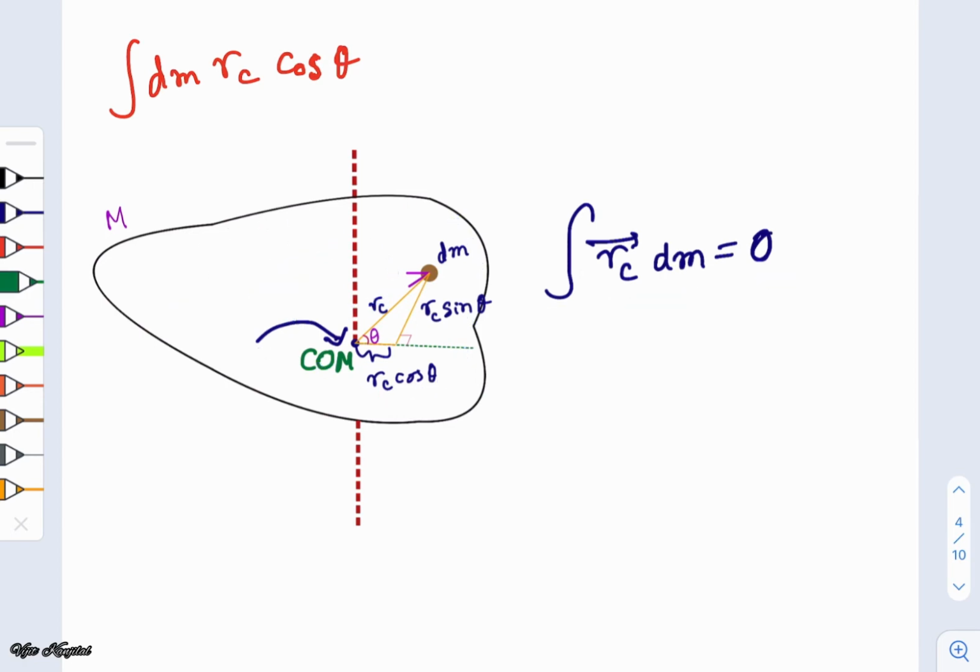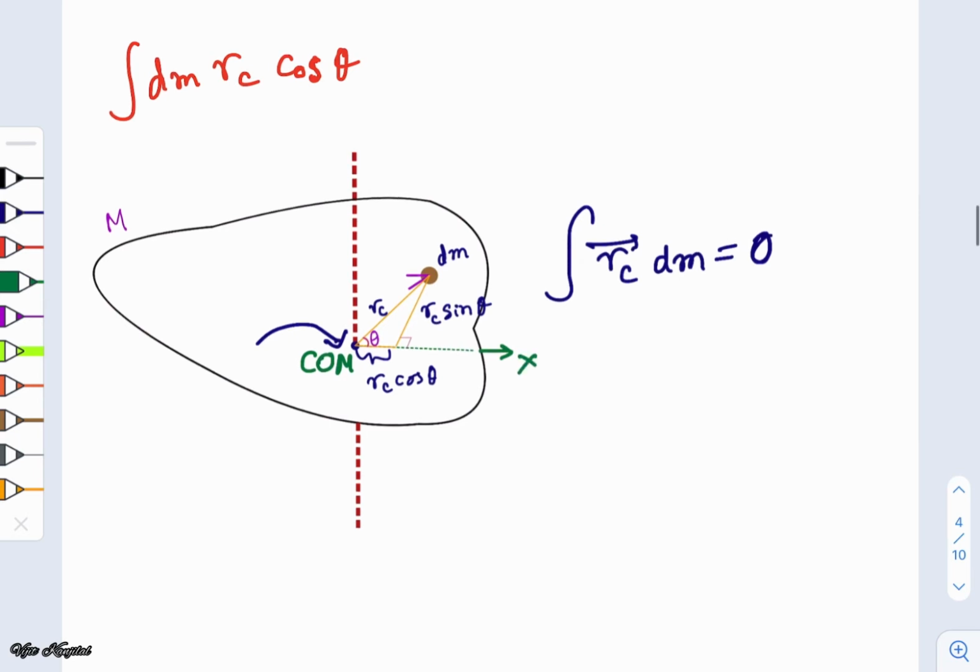That is, if we split the radial distances in two mutually perpendicular directions, let's say this direction as x, and if we consider the y-axis which is parallel to this particular direction, let's say this as y, then the components of this radial distance vector along the x-axis and y-axis would be simply rc cos theta and rc sin theta.